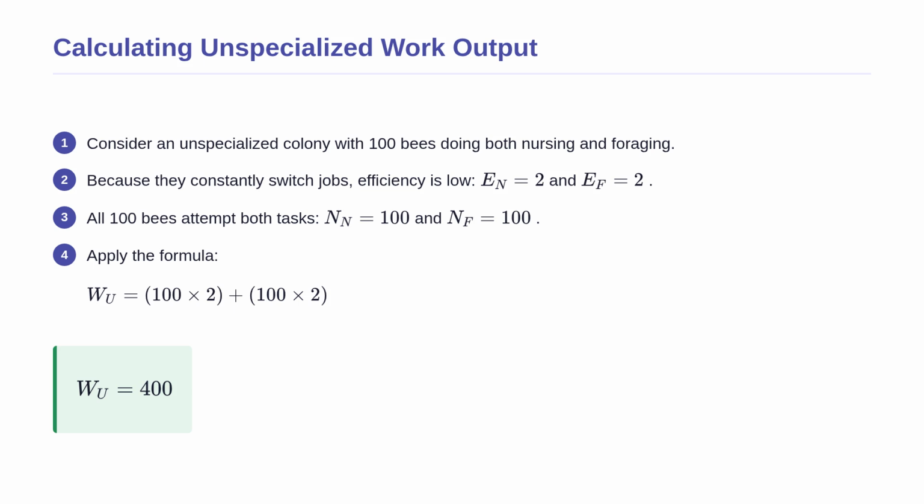We multiply the 100 bees by this low efficiency of 2 for nursing and do the same for foraging. Adding these together, we find that the total work output for this unspecialized colony is only 400 units. This baseline shows us what happens when a society lacks division of labor.